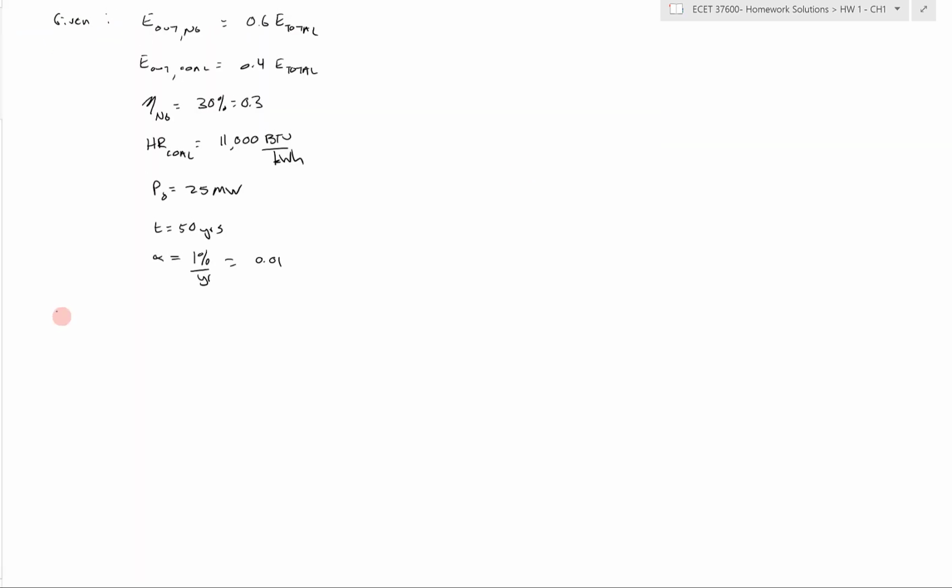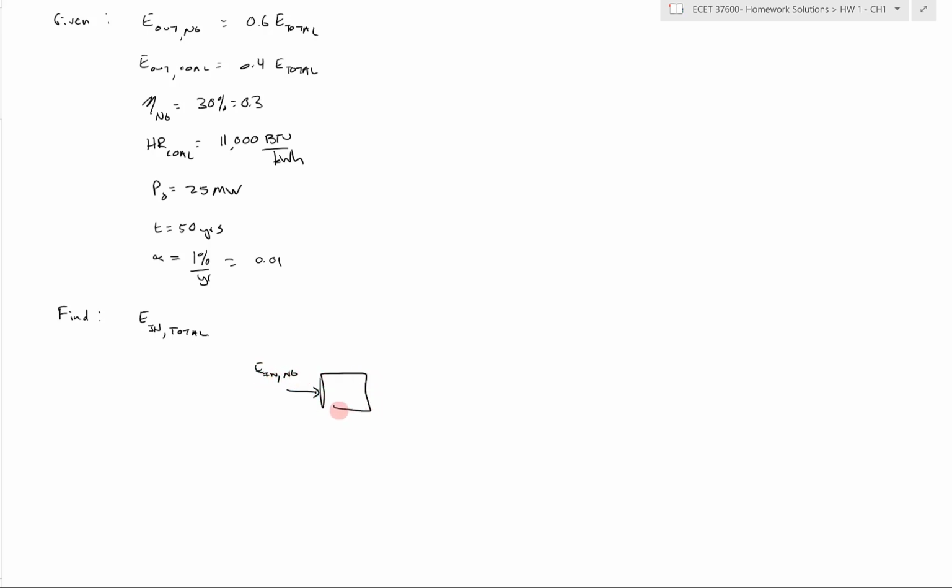We were asked to find the total input energy that goes into the two fuel plants. So basically the question is, we've got some E in from a natural gas plant.